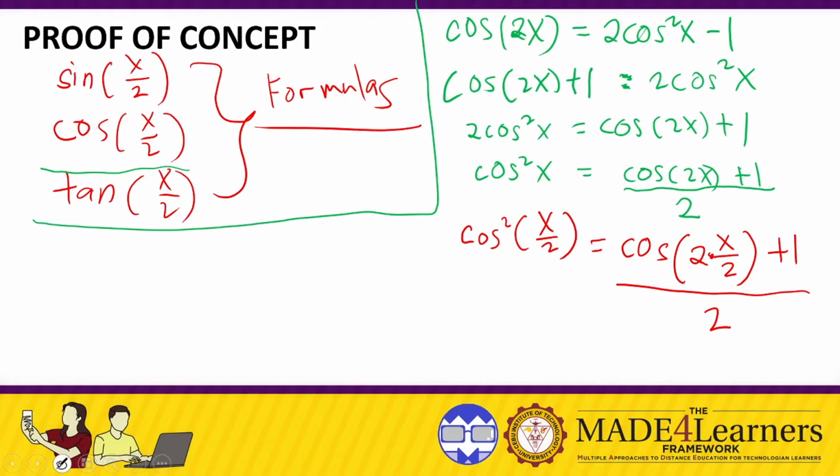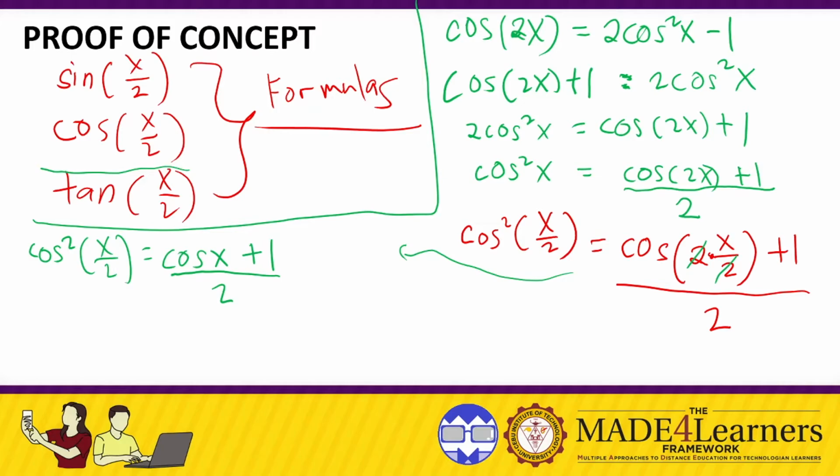Hence, we can cancel out the 2 here, and we're left with cos squared x over 2 equals cos x plus 1, over 2.